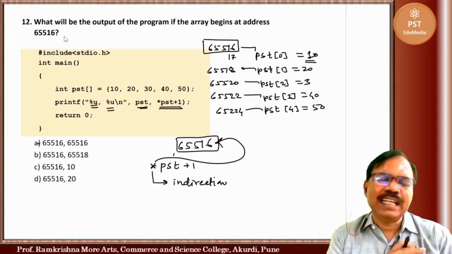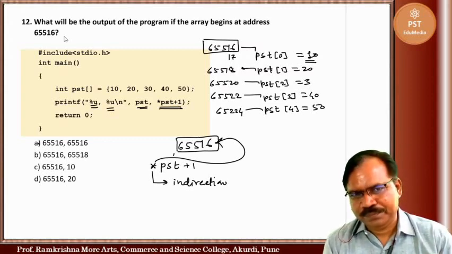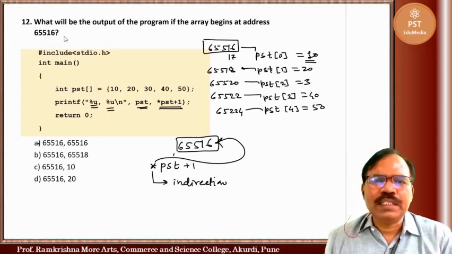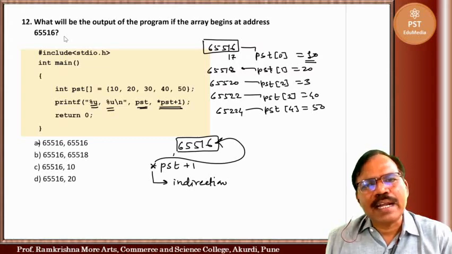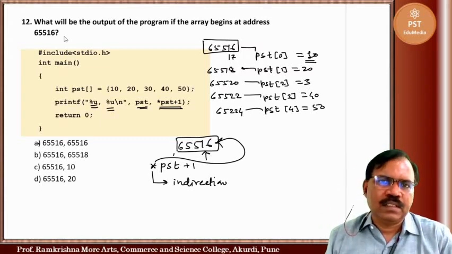What is the next address? And then it will take its content. So here if you use only star PST, then it will go to the address of PST and then it will take the content in that address. So it will be 10.